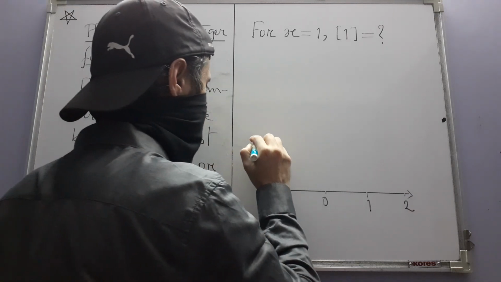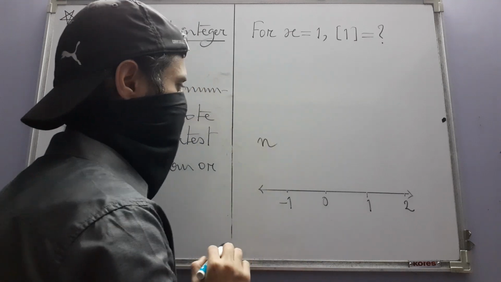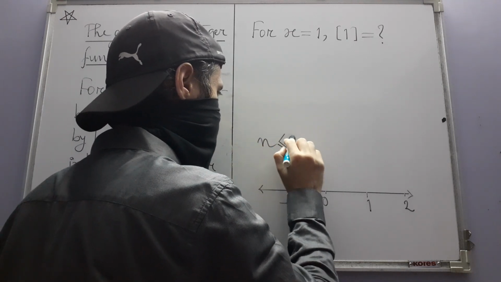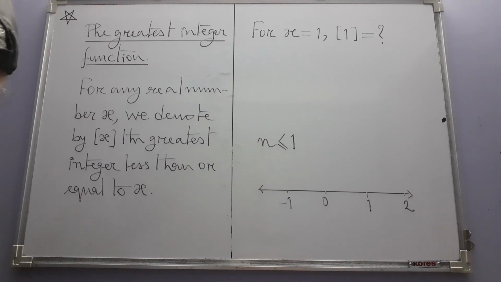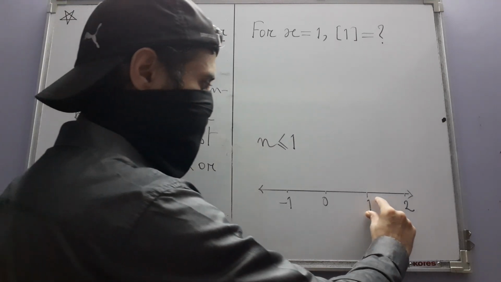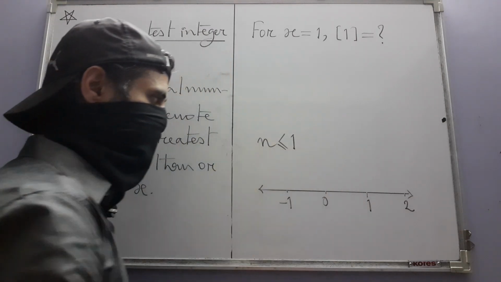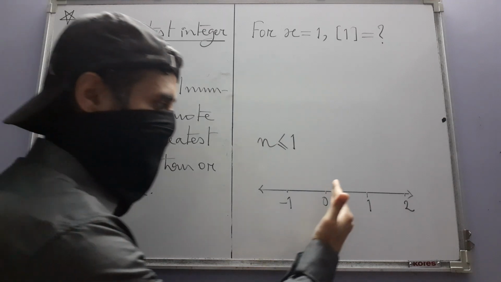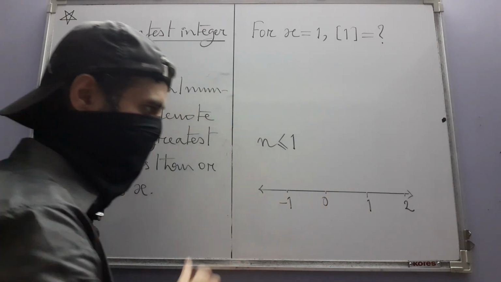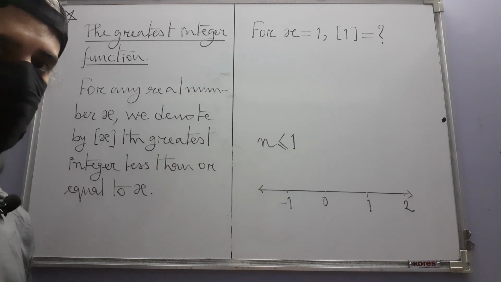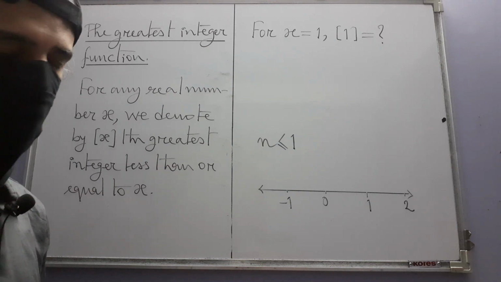Let me denote by n an integer less than or equal to 1. What are the integers less than or equal to 1? You see 1 here. 1 of course is less than or equal to 1, and all the other integers that lie to the left of 1 on the real line, they are less than 1.